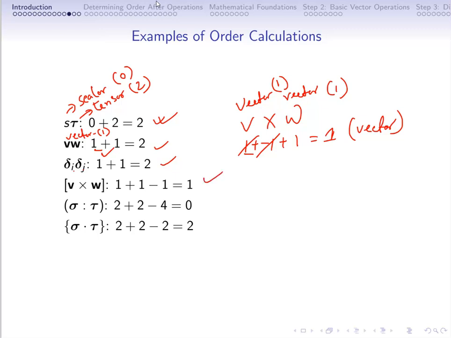Now if you do double dot, sigma double dot tau, this is a tensor, this is also a tensor, and because of the double dot you have to subtract 4, so that is 0, so it is a scalar.